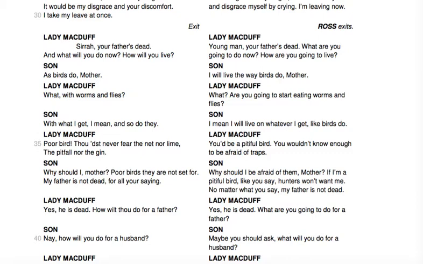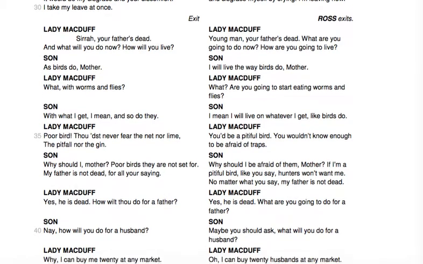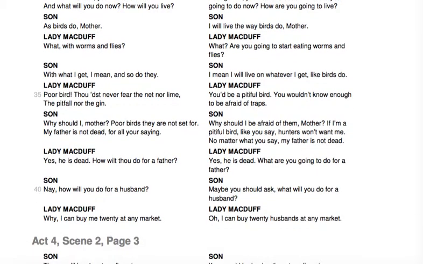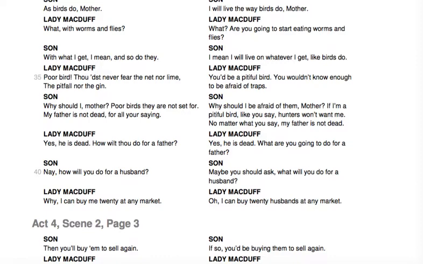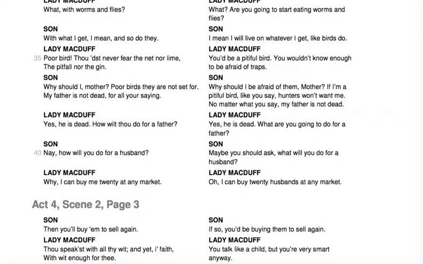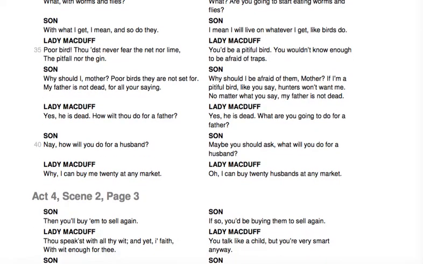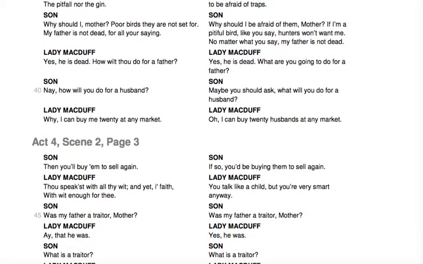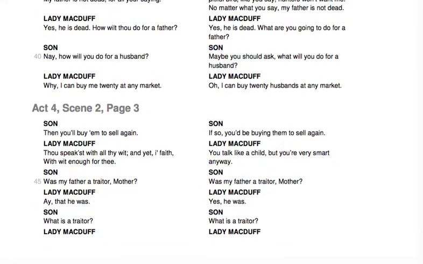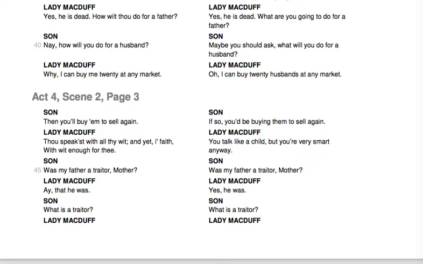My father is not dead, for all you're saying. Yes, he is dead. How wilt thou do for a father? Nay, how will you do for a husband? Why, I can buy me twenty at any market. Then you'll buy 'em to sell again. Thou speak'st with all thy wit, and yet, i'faith, with wit enough for thee.